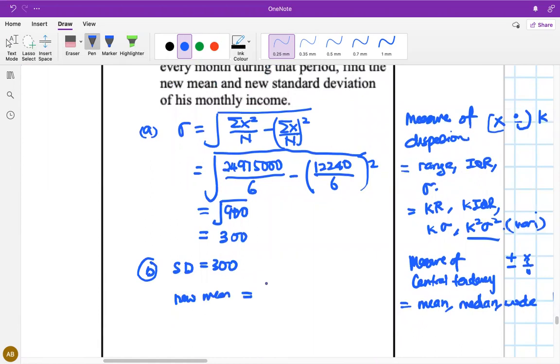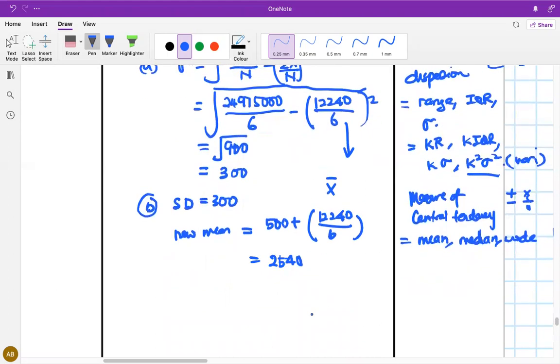That means our new mean is, okay, 500, right? You plus 500 per month, so plus the mean 12240 divided by 6. This is the mean. So we use a calculator: 500 plus 12240 divided by 6. So you get 2540.